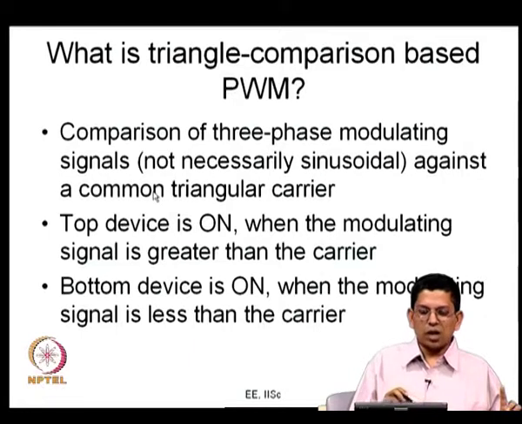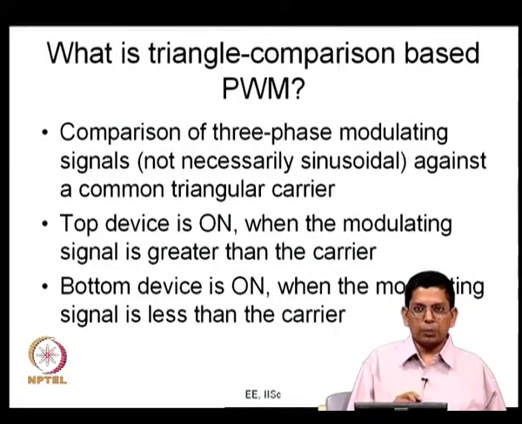Every phase has a particular modulating signal, which is compared against a triangular carrier, and by this triangle intersection you produce the PWM pulses. This is called the per phase approach. For every phase you have a particular modulating signal.